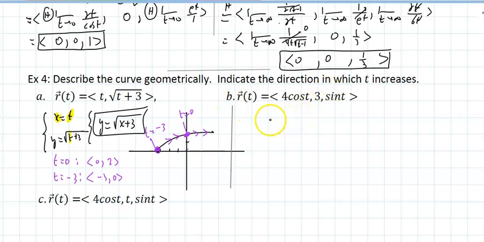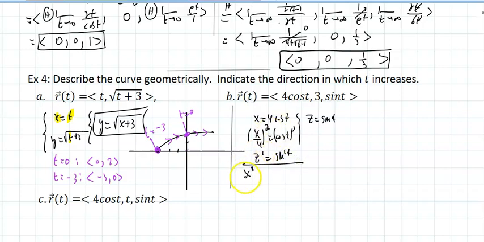With this problem, I know that x equal 4 the cosine of t, which means x over 4 equal cosine of t, square both sides. I know that from calculus or trigonometry. And z equal the sine of t, which means z squared equals sine squared of t. So this is saying x squared over 16 plus z squared equals 1.